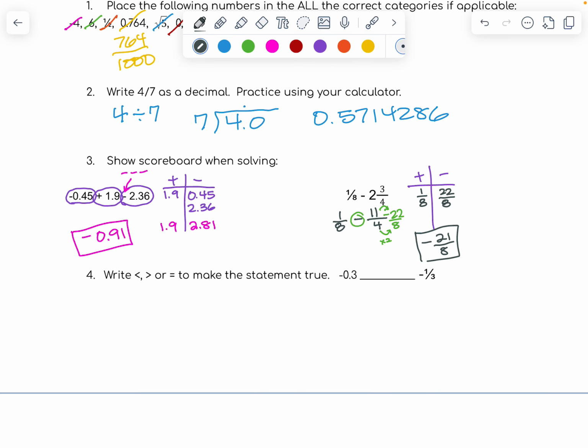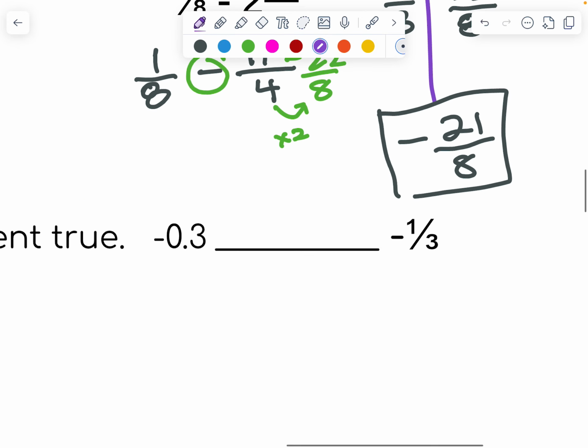Don't forget that the larger the number is, if it's negative, that actually means it's less. A -10 is less than a -2, which I know is the opposite of what our brains usually think. So let's go ahead and check this out. I have -0.3, compared to, now take 1 divided by 3.